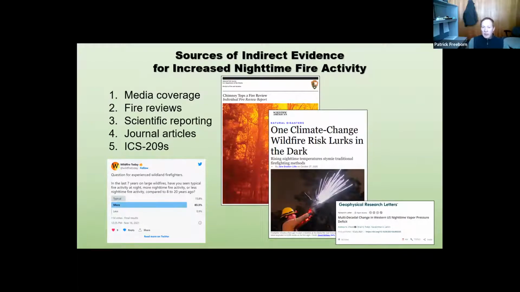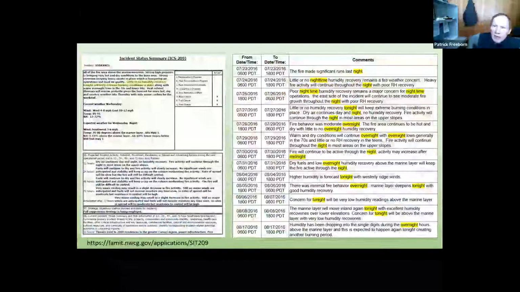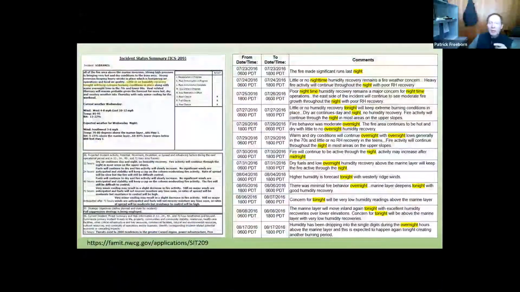One source that we've had success with in the past is ICS 209s, which are incident status summary reports. On those reports, there are fields where you can type in comments about fire weather and fire behavior observations. I think these reports go back to 1999, and the nice thing is they're stored as Access database files.